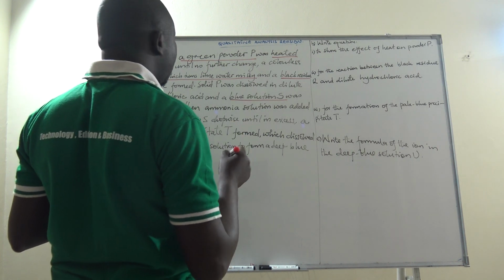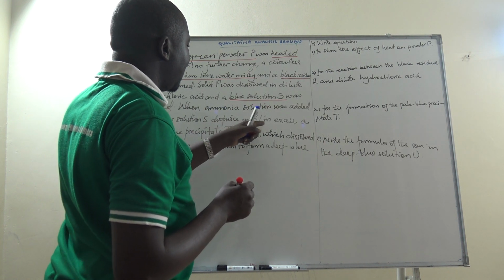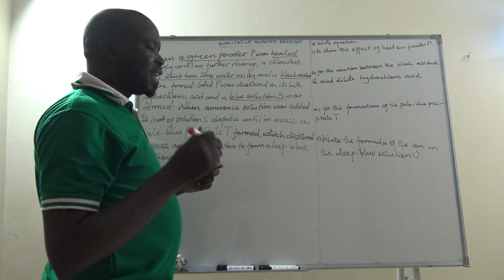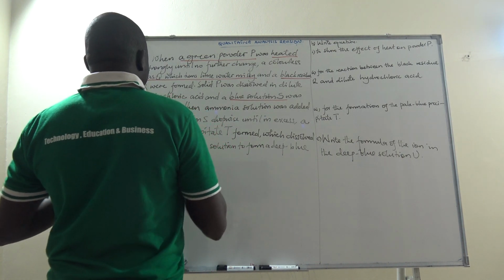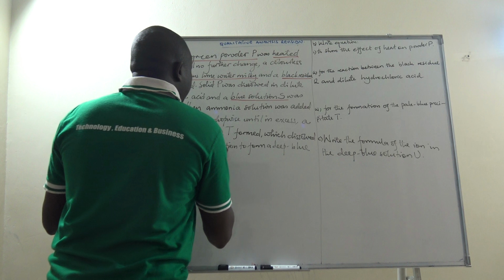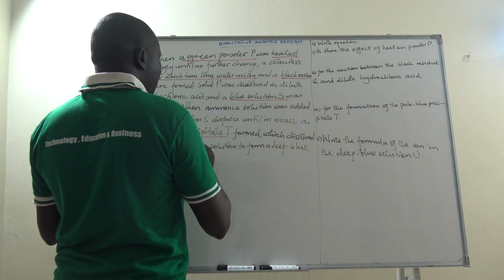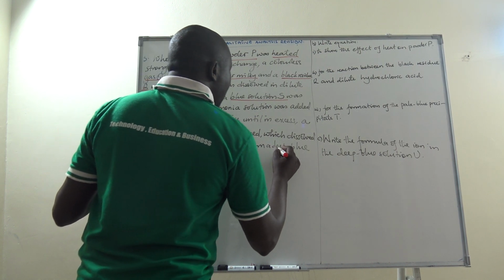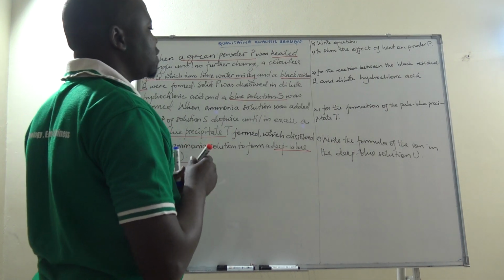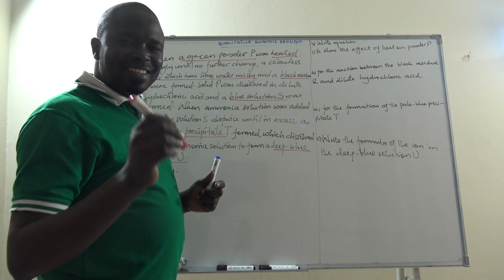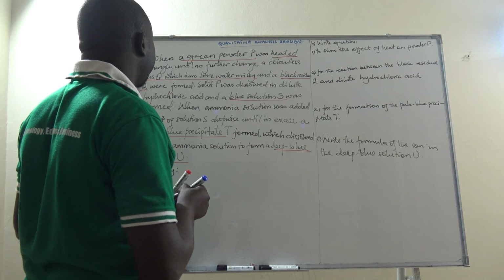When ammonia solution was added to 1 cubic centimeter of solution S, dropwise until in excess, this is now a qualitative analysis test, a pale blue precipitate T formed, which dissolved in excess ammonia solution to form a deep blue solution U. So this is a pure qualitative analysis question. Let us try to do the analysis slowly.